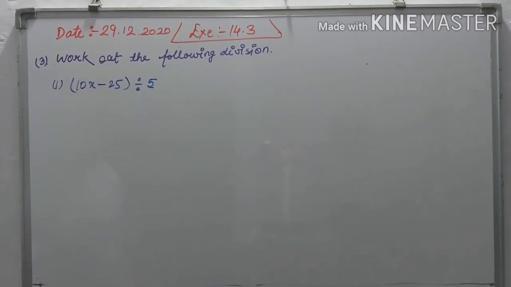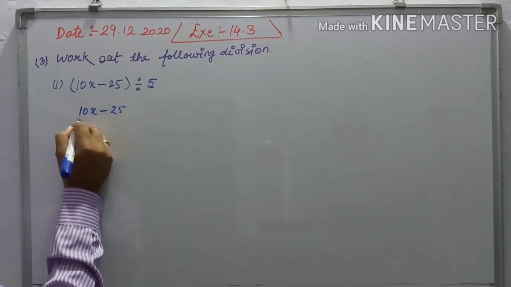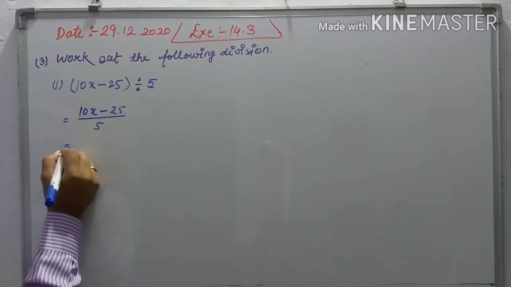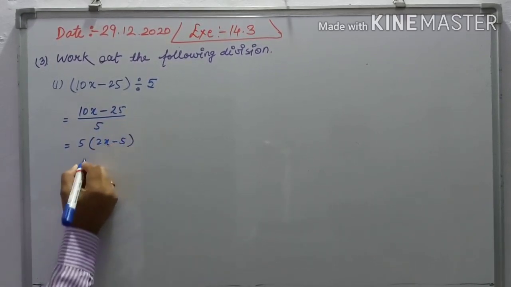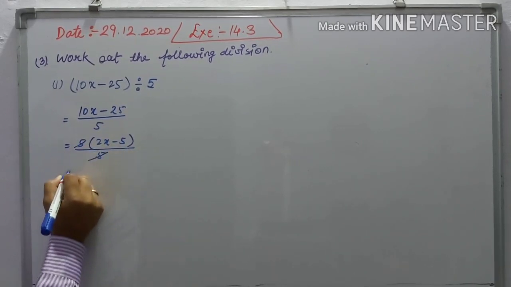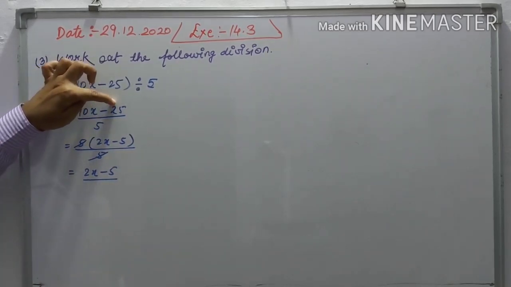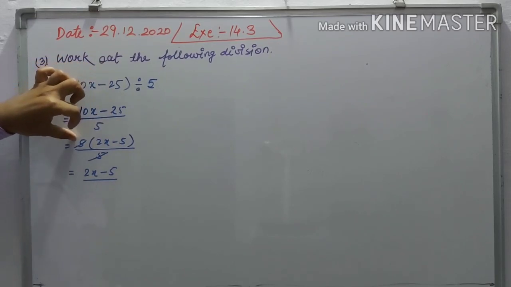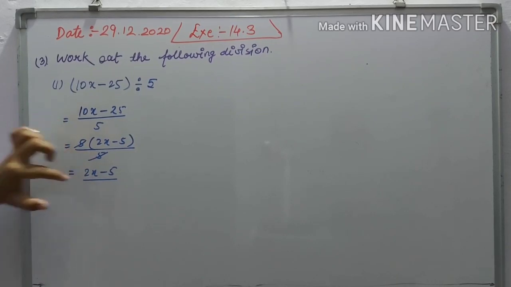Here we start: 10x minus 25 upon 5, 5 will be common in 10 and 25. So 2x minus 5 upon 5, the 5 cancels, and the answer is 2x.